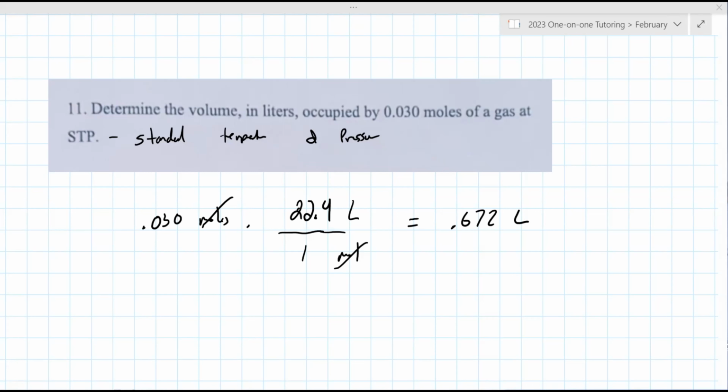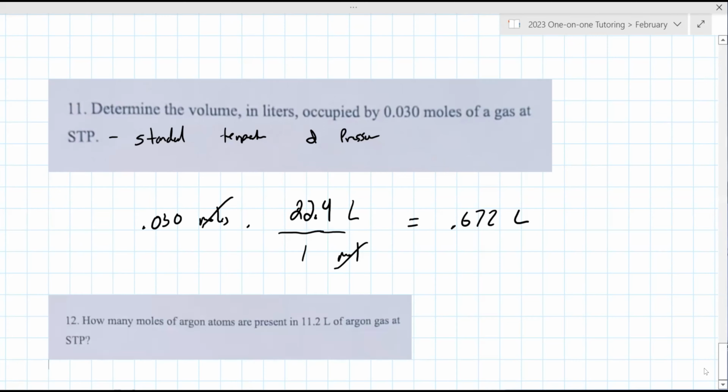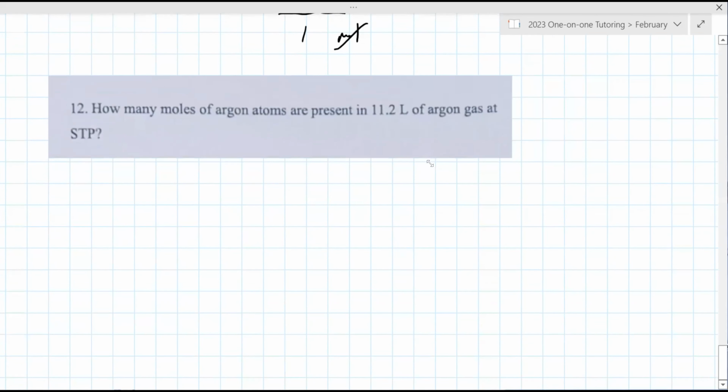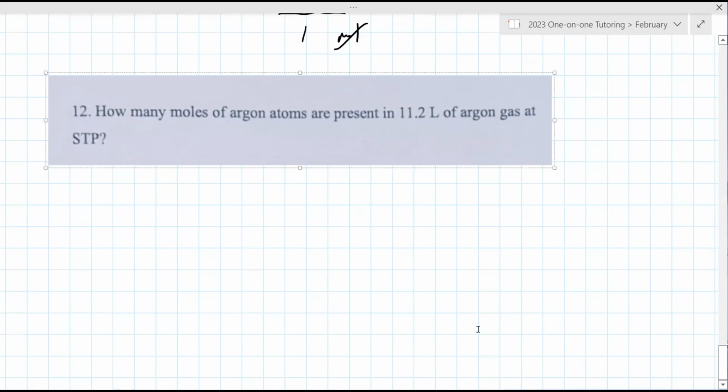So number 12 is going the other direction. How many moles of argon atoms are present in 11.2 liters of argon? So you start with the given quantity, 11.2 liters, and then you need to go from liters to moles, 22.4 liters in 1 mole.